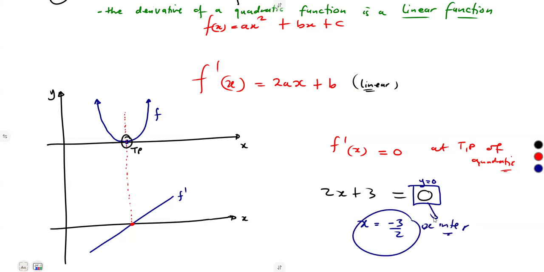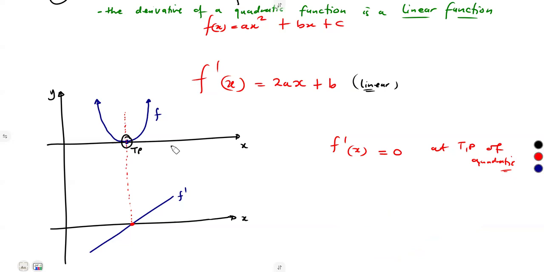When y is equal to 0, you're calculating the x-intercept. So that's at the turning point. The value of x that corresponds to the turning point is your x-intercept of the linear function, or of the derivative. That is the condition that you're going to have at the turning point.